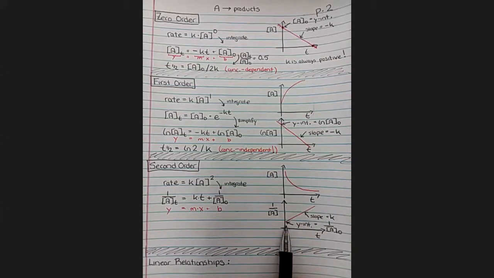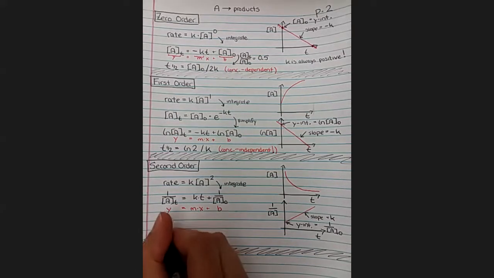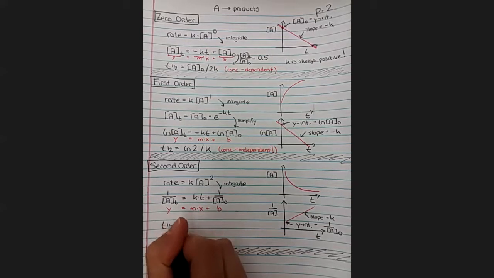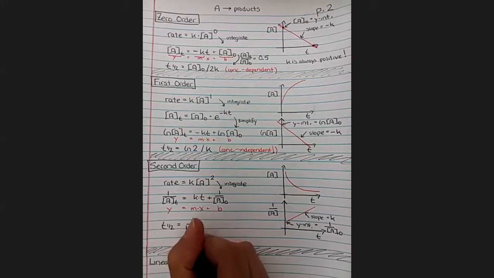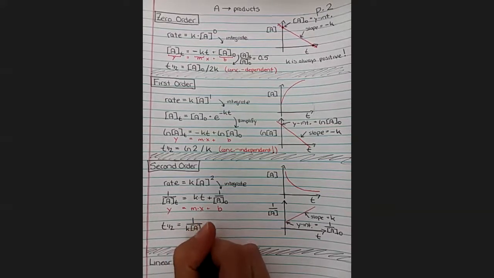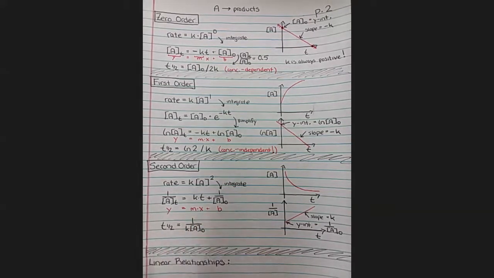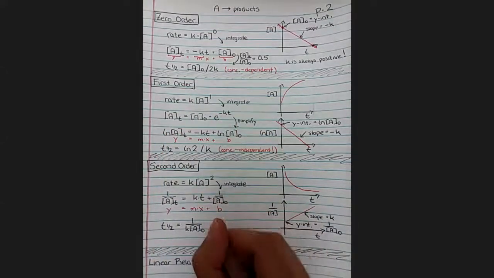So if this line hits the y-axis at 2, then the initial concentration is going to be 1 over 2. You'll have to flip it. And the half-life in this situation is going to be 1 over k times the initial concentration. And this one is also concentration dependent, just like the zero order.